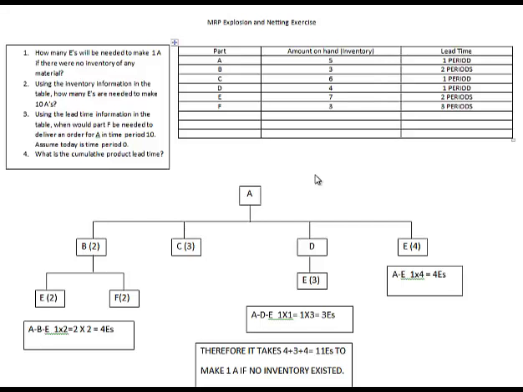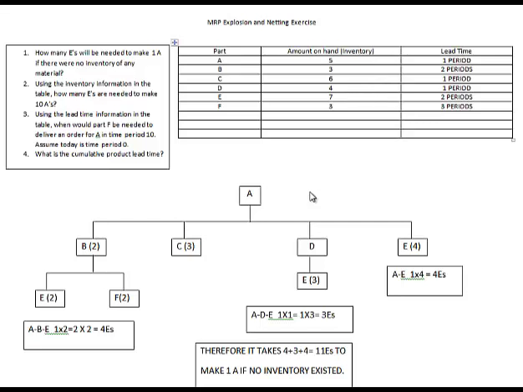And then we finally have a third path where we have E's that are used directly into making Part A. So we're going to have to calculate what the demand will be. Another way of saying that is what the dependent demand will be going down all 3 of these paths.